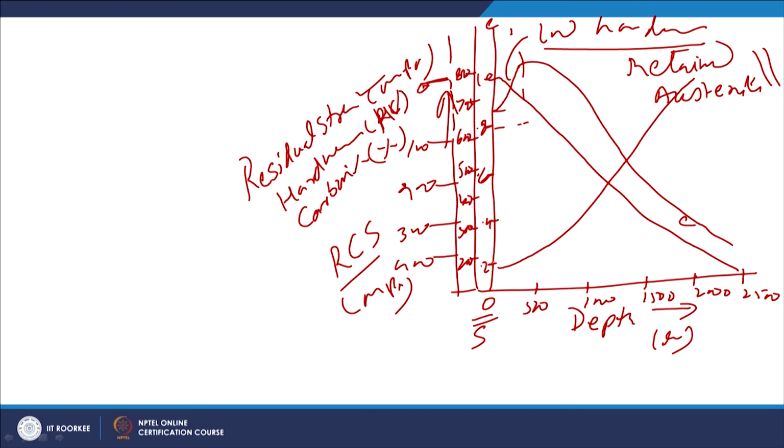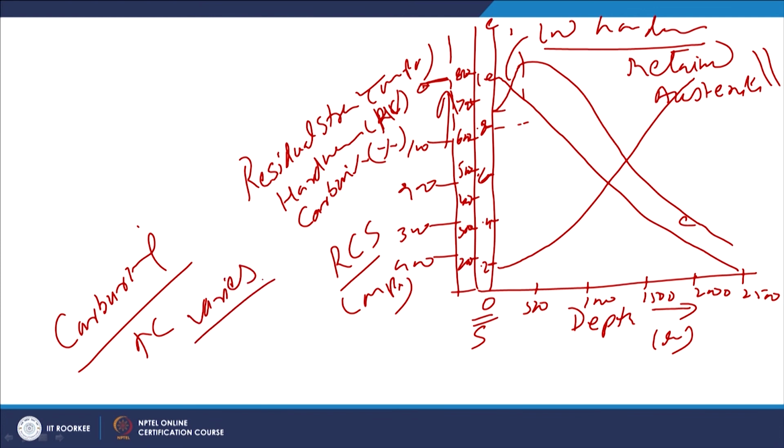So what it suggests is that when carburizing is done, it leads to an increase in carbon content, but the carbon content varies from the surface, and this variation leads to variation in the hardness and in the residual stress.